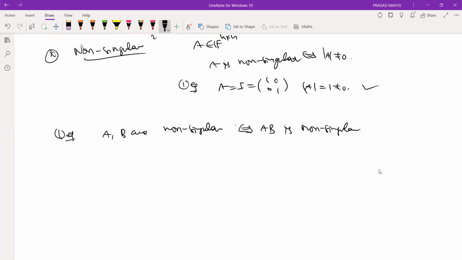Why? Because det A is non-zero and det B is non-zero. What is the definition of det AB? Det A into det B. Det A non-zero and det B non-zero means the product is non-zero. Therefore, AB is non-singular.